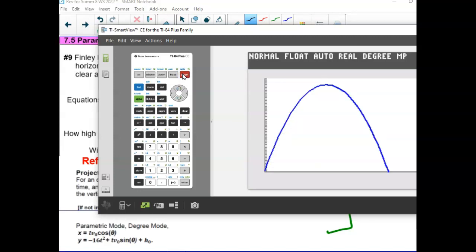Anybody having trouble? Okay, the question asks when it's 300 feet away. I have to tell you, this is poorly done. The one on the quiz is not this complicated, but as you trace, what do you want to be 300? You want x. The problem is the question asks at 300, is it 10 feet in the air?